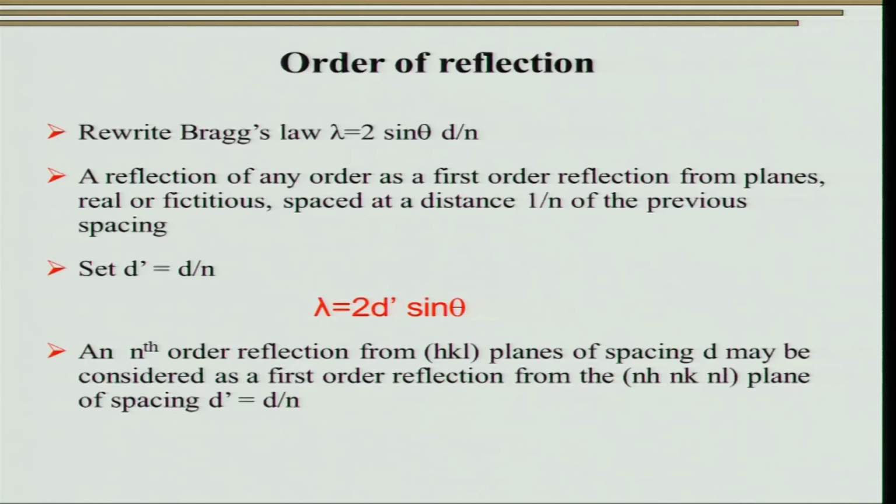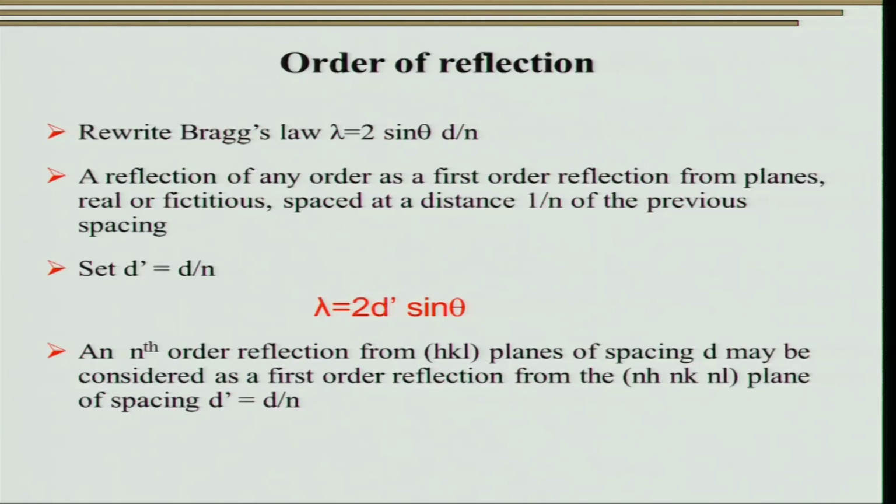Therefore, an nth order reflection can always be replaced with a first order reflection from real or fictitious planes spaced at a distance of 1 by n of the previous spacing.